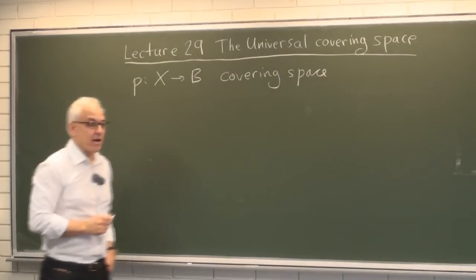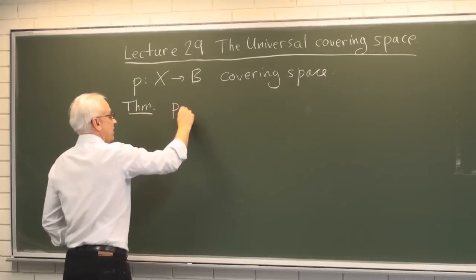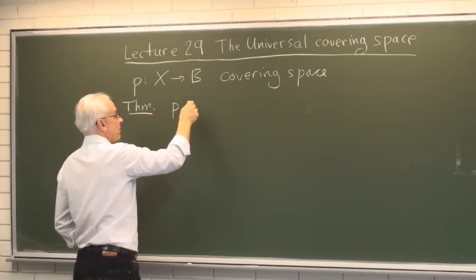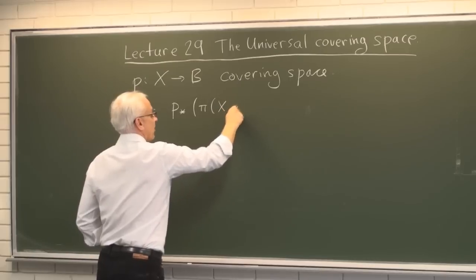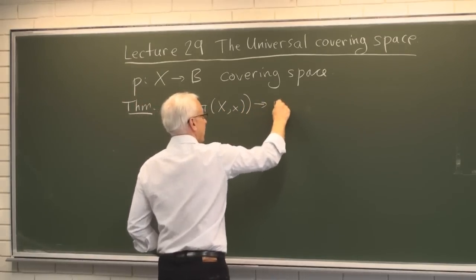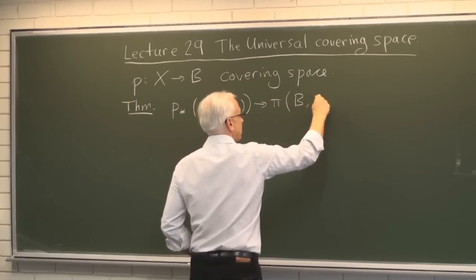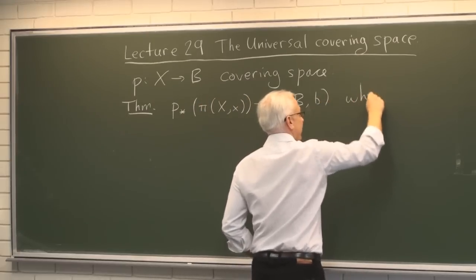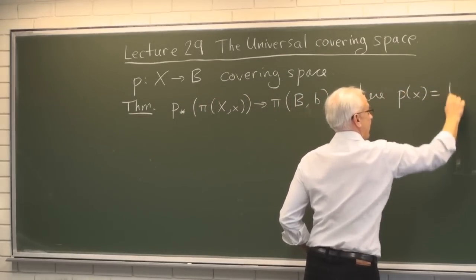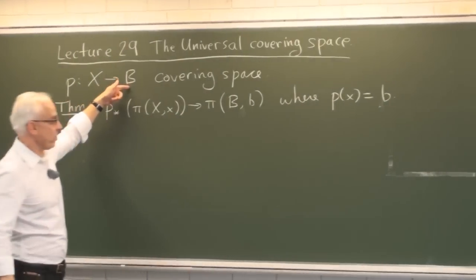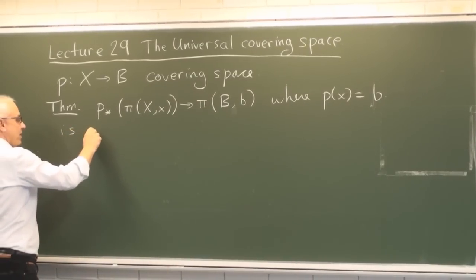And we saw last time that if we look at the induced homomorphism, P star from pi of x to pi of b, where x is a point in X mapping to point B in B, then this is injective.